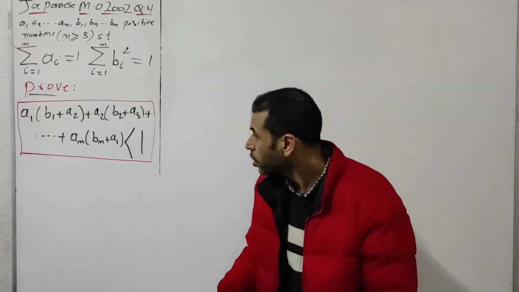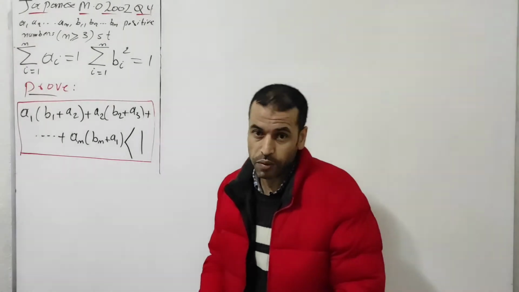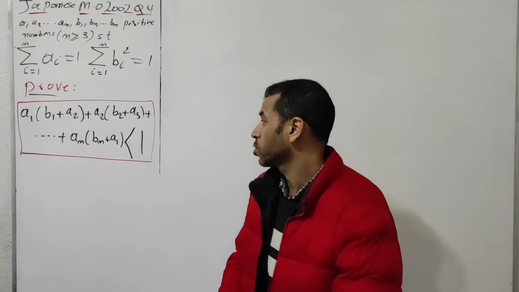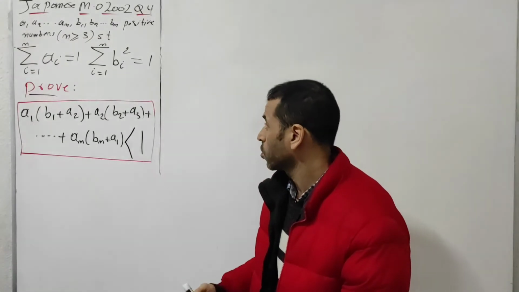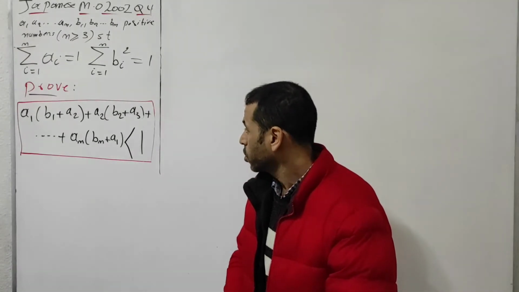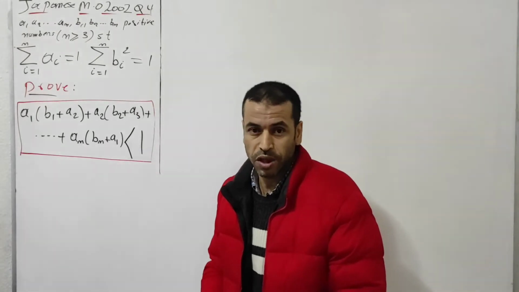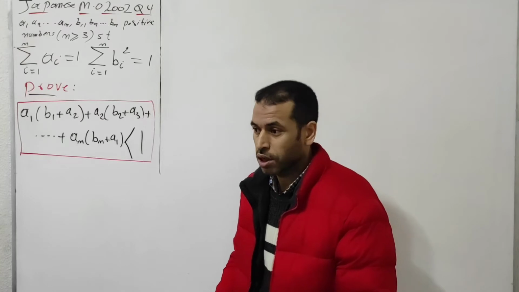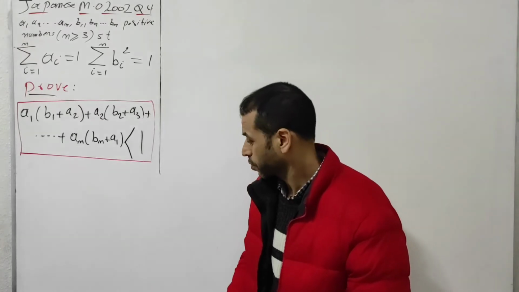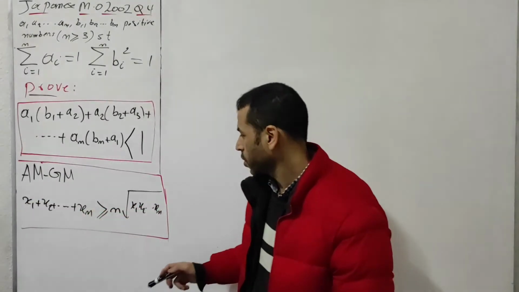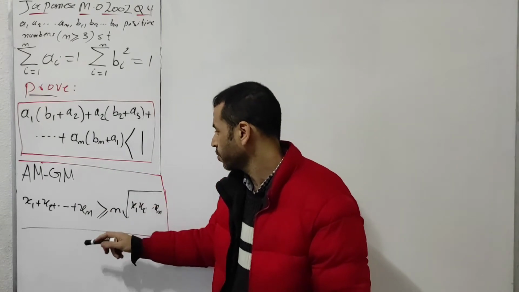This is a very beautiful problem. We are going to use a lot of techniques to solve it. You can give it a try using the arithmetic mean-geometric mean inequality, AM-GM, and I'm going to remind you of it.